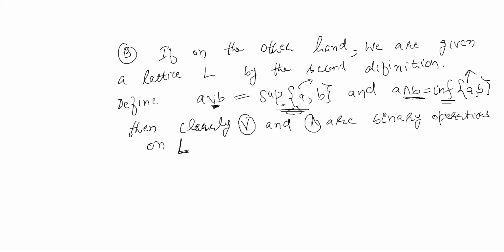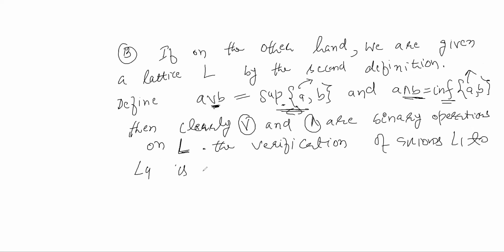Now the verification of axioms L1 to L4 is a routine. It is just a routine. For example, you want to see the L1 A part.